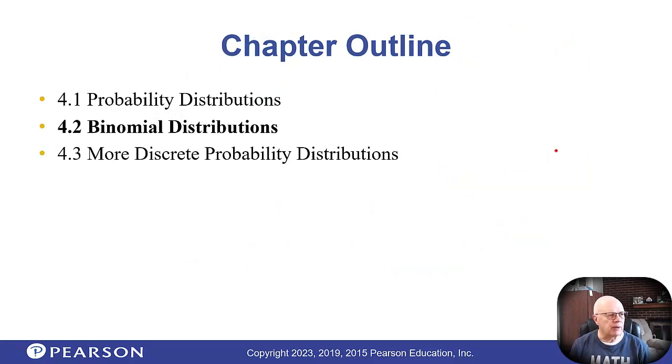We've already talked about probability distributions in general, and now we're going to get more specific and talk about binomial distributions, and in the next one we'll talk about a couple of other interesting ones. I think you'll enjoy the trip.